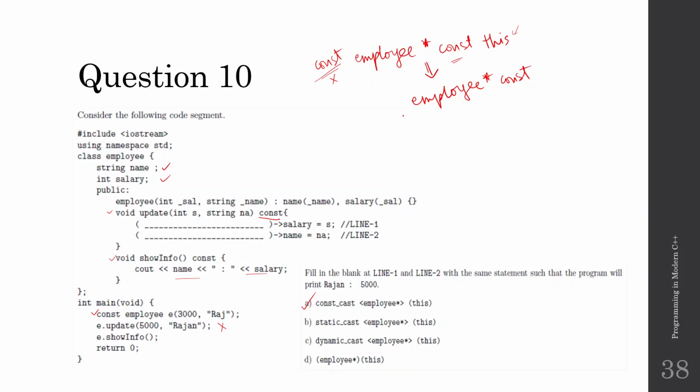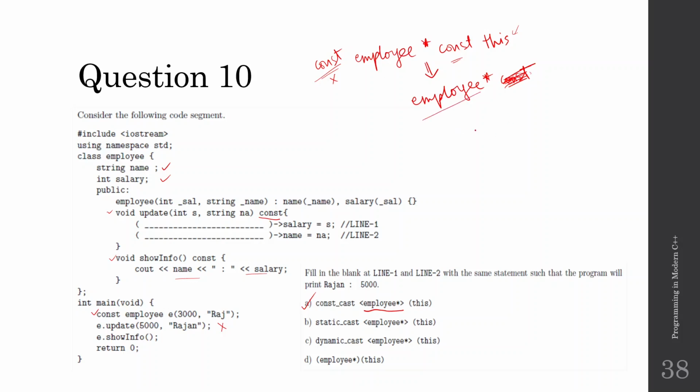With this const cast we are removing the, actually, since we are giving Employee star as the argument, it will remove both the consts, so we'll get an Employee star pointer.